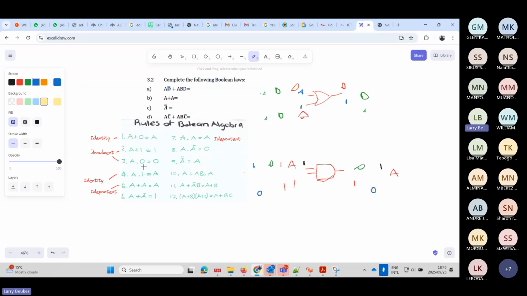So it's correct. It means 0 as one of the inputs, 0 is the output, okay? Let's change this value of A. This value of A, let's change it to a 0. Let's see. If we change this to a 0, 0, 0, together, the output is a 0, right? This is an AND gate. 0 and 0 will give us a 0. So it means this is also correct.